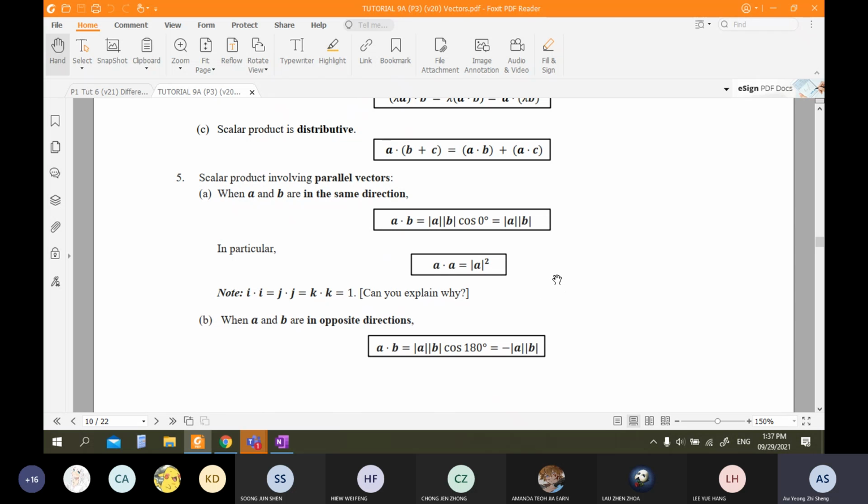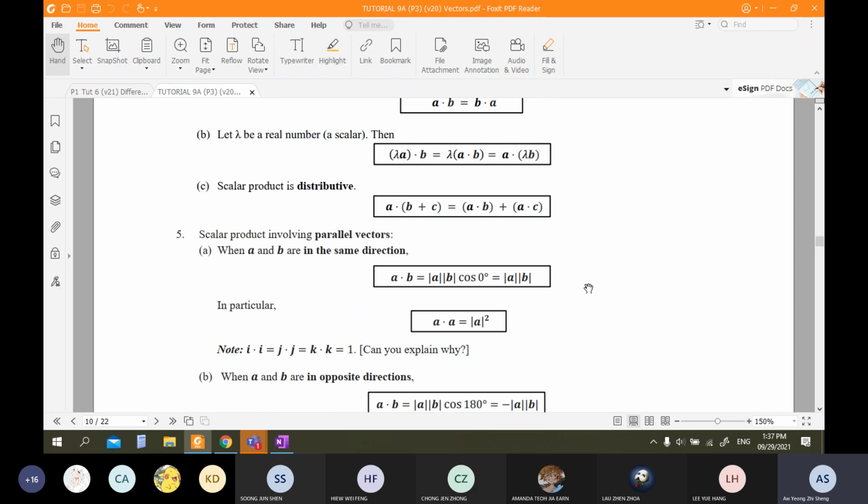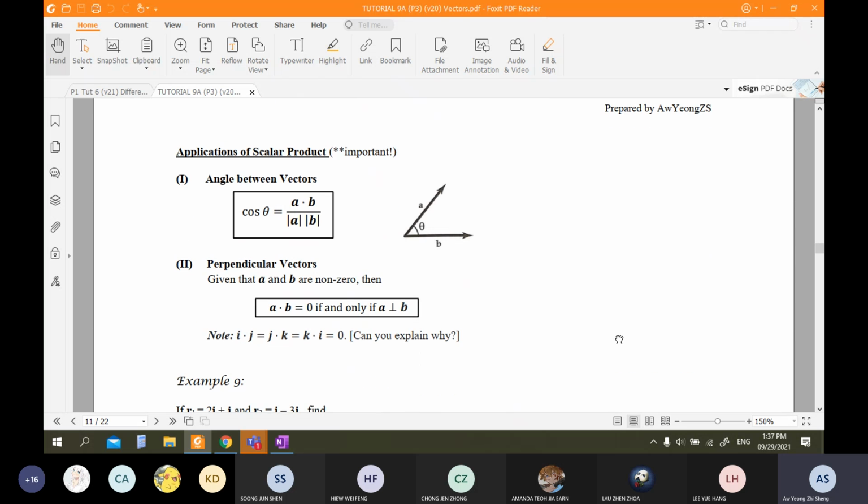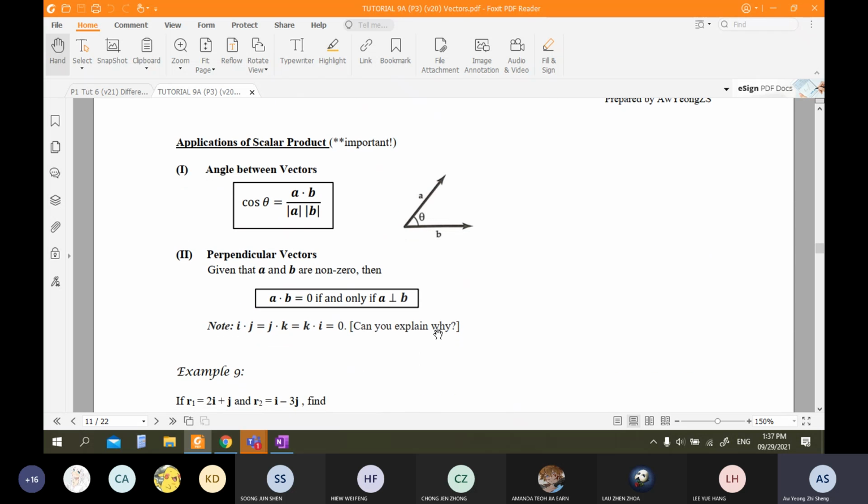Our syllabus only requires us to know that when you take two vectors and dot them together, you end up getting a number. What is the use of that number? Later on the next page, we'll learn how to use that number.